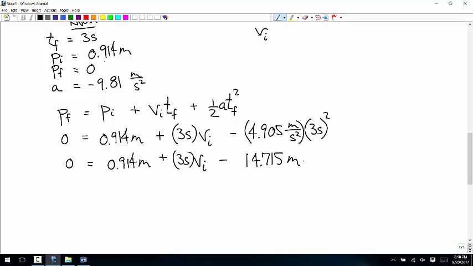And so 44.145. Okay. And so now V initial is equal to 44.145 minus 0.914.